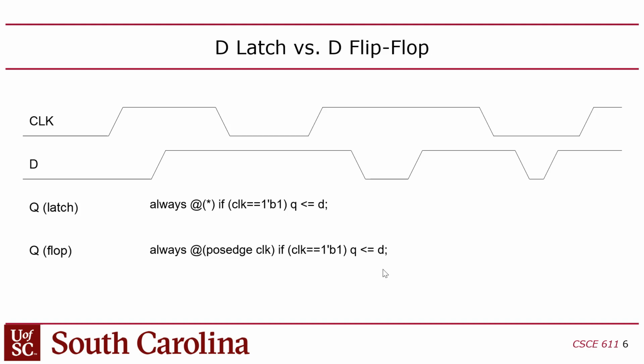Which means that if you use always underscore comb, that's good because then the compiler will give you an error if you have a latch in there. If you use always at star and you have a latch accidentally, you won't get an error message. I think it does generate a warning though in ModelSim, because latches are generally not something you should use.